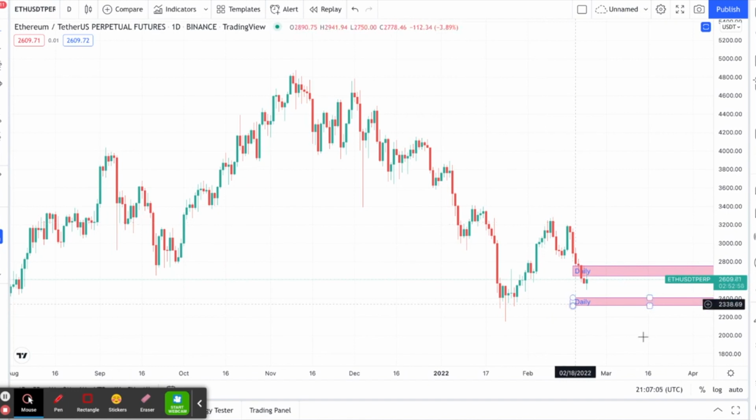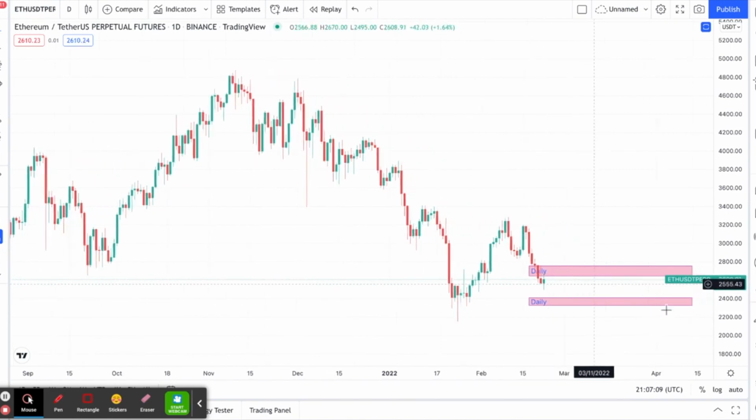So here's the thinking: if you have a trigger price, you're going to want the bot to start when the price hits that trigger price.